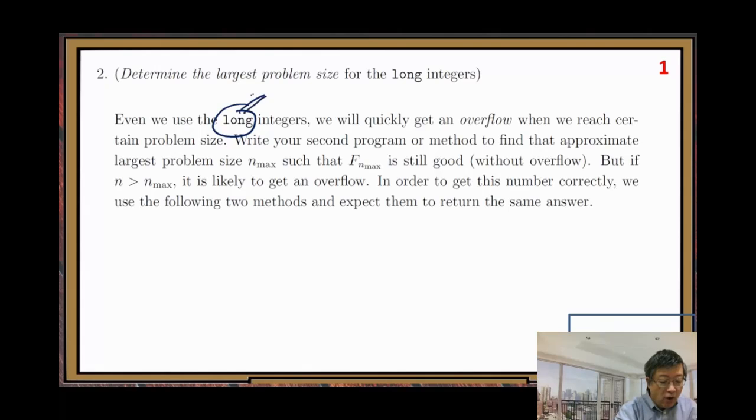Actually, for the long integer, we want to use unsigned long integer. The reason is we don't need to represent the sign. If you use a sign bit, you lose one bit of representation because you need to use the first bit as the sign bit.